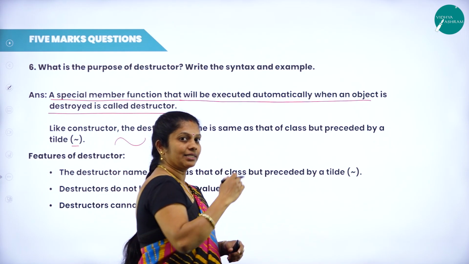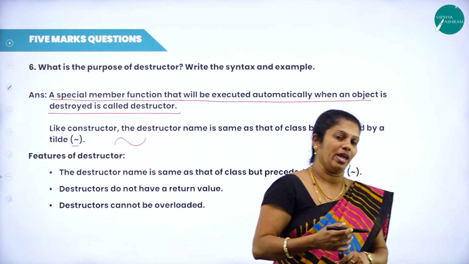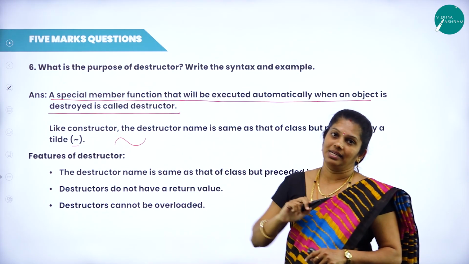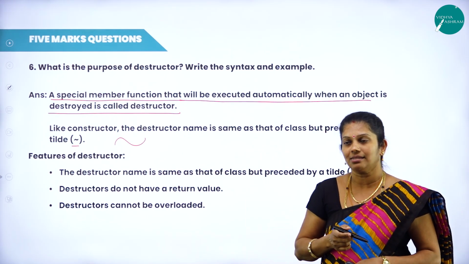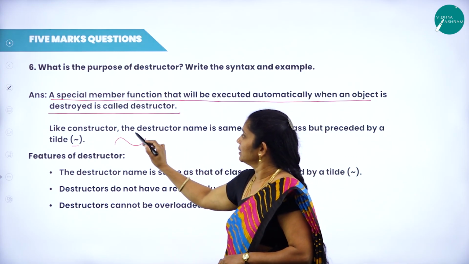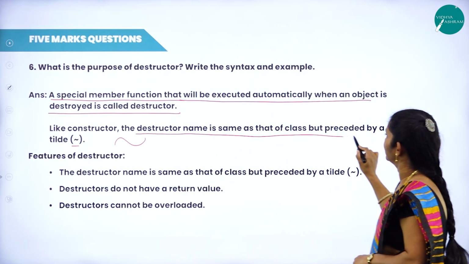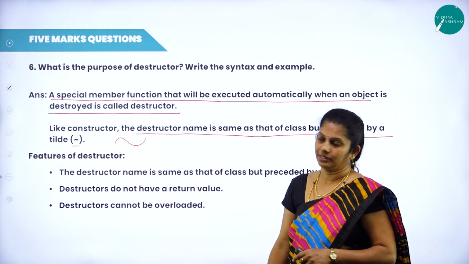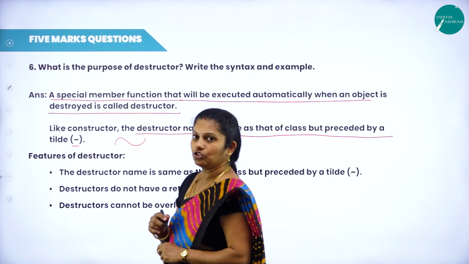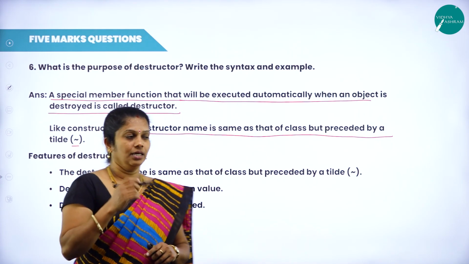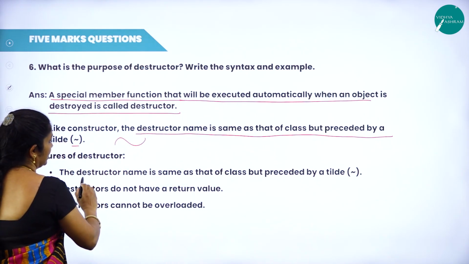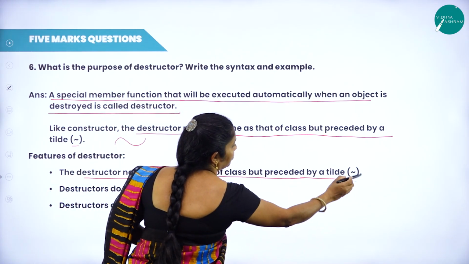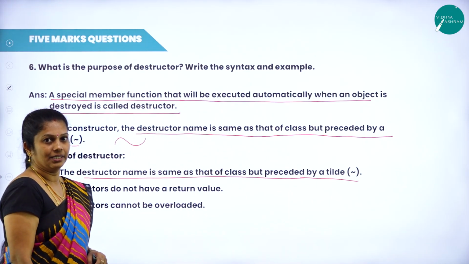Both constructor and destructor look the same way, but the destructor has the tilde operator before the constructor name. Then it is called a destructor. Like a constructor, the destructor name is the same as that of the class but preceded by the tilde operator. Now the features of a destructor: the destructor name is the same as that of the class but preceded by the tilde operator.